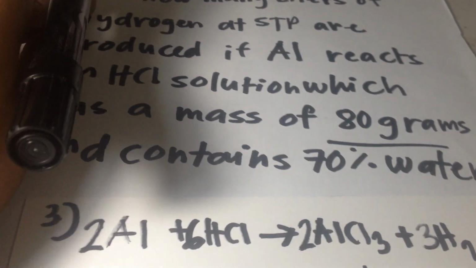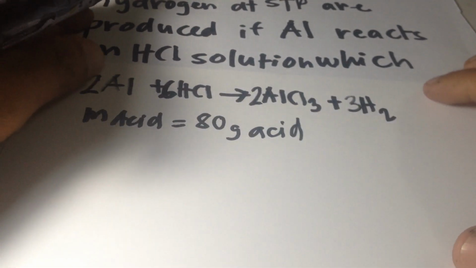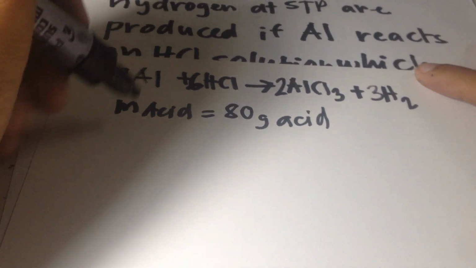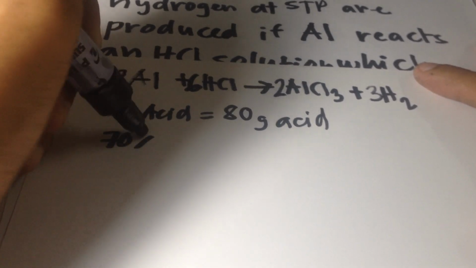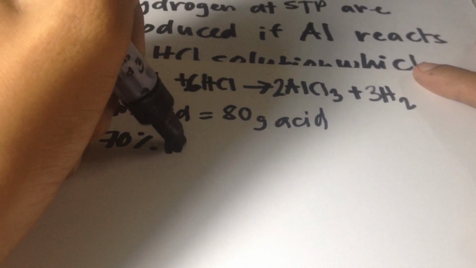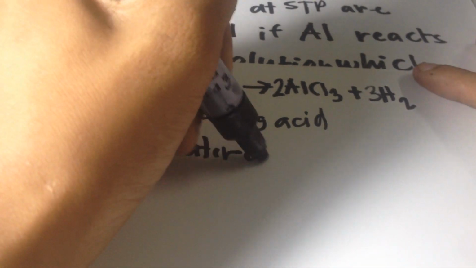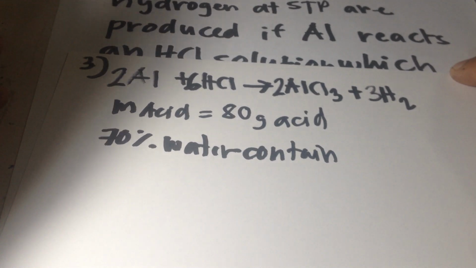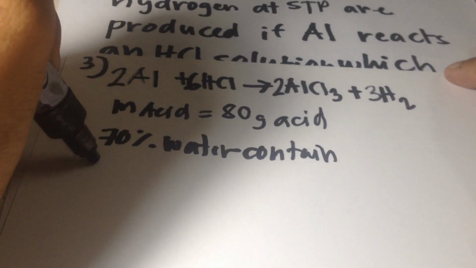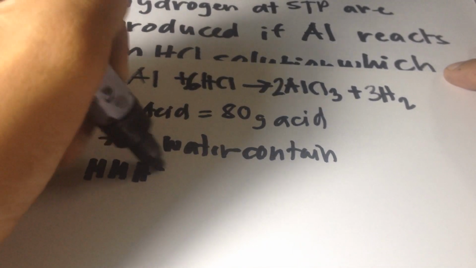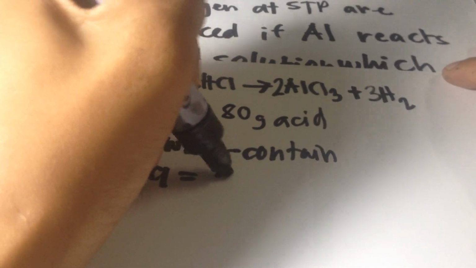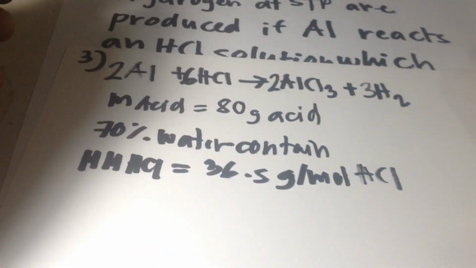And we have 70% water contained. And we have the molecular mass of HCl, which is 36.5 grams per mole of HCl.